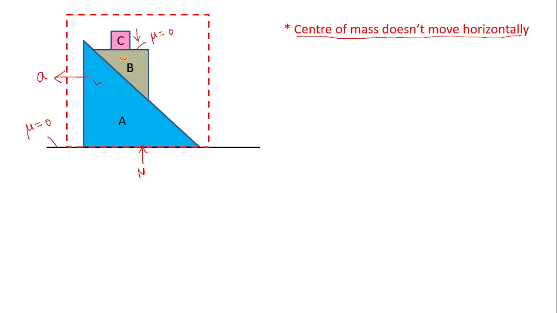Now as we have seen that the center of mass should not move horizontally, that means the horizontal component of acceleration of B should also be a in order to cancel the effect. So this is what we can say from the symmetry. Now let us see how the geometry is going to help you.